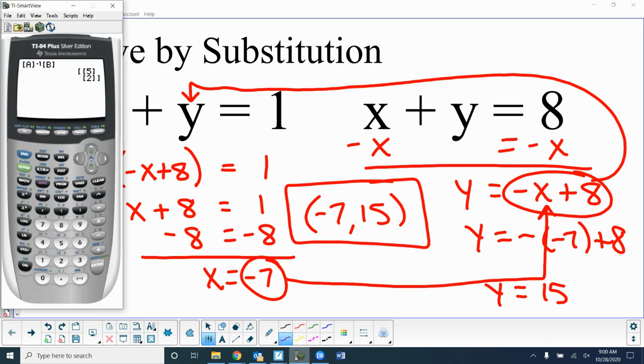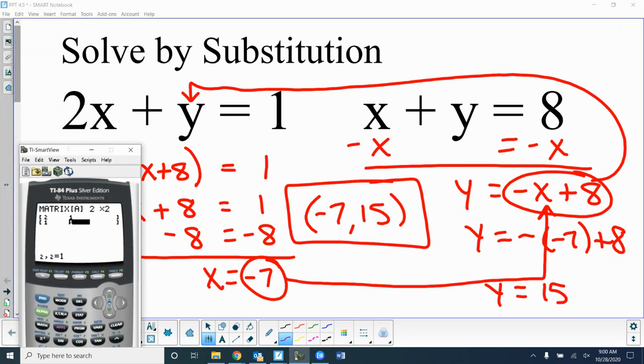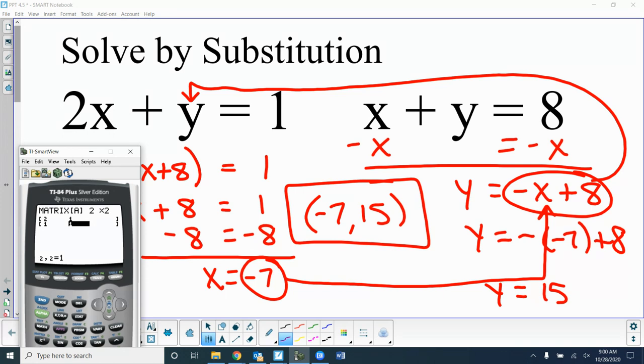Okay. So I'm going to do it real quick. I'm going to go back in the matrix and edit A, and I know it's a 2 by 2, and I'll put this as the top row and that as the bottom row. So top row 2, 1, bottom row 1, 1.